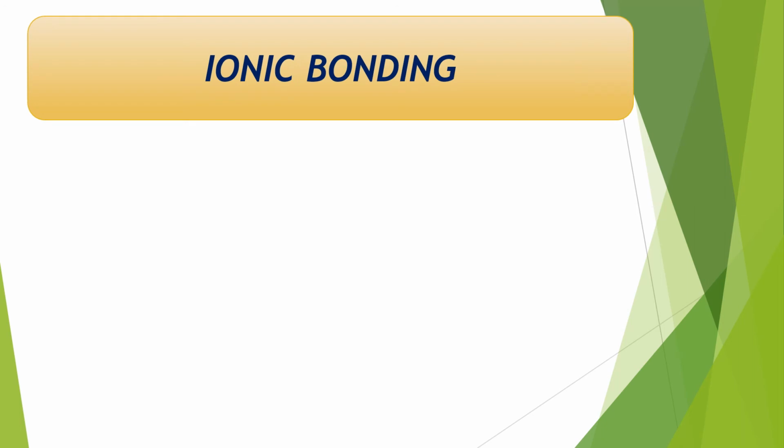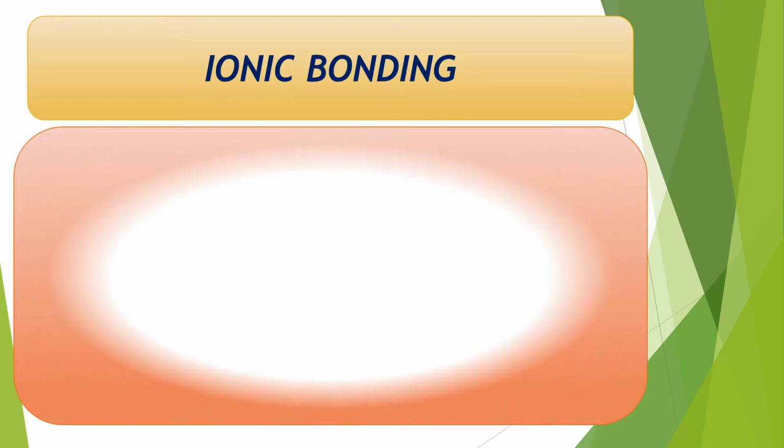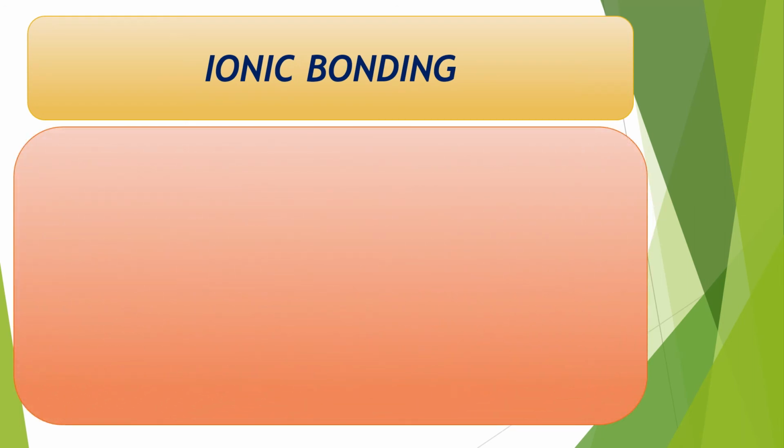What is the use of Lewis dot symbol in chemical bonding? Ionic bonding, or ionic bond, also called electrovalent bond, is a type of linkage formed from the electrostatic attraction between oppositely charged ions in a chemical compound.